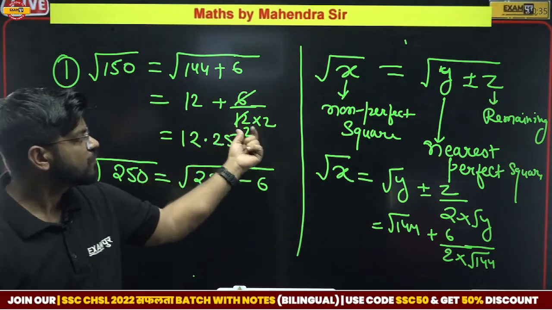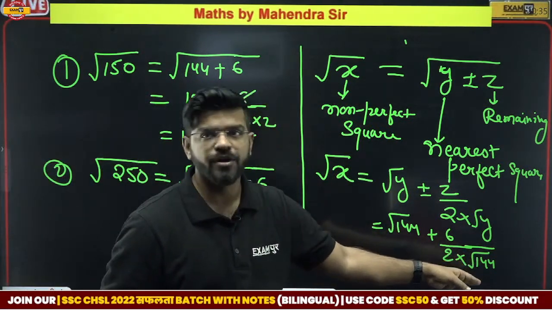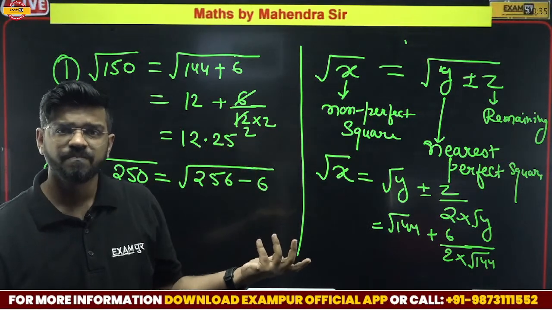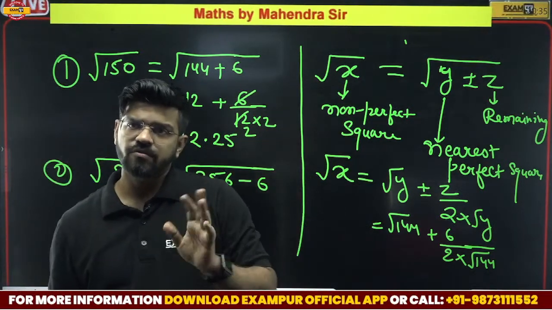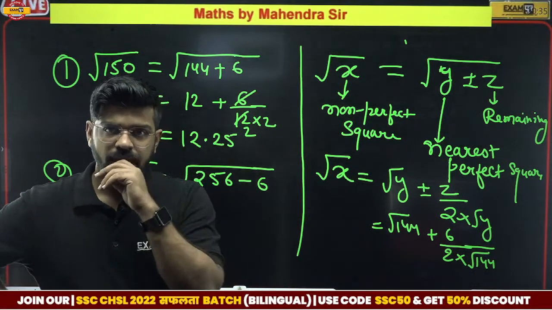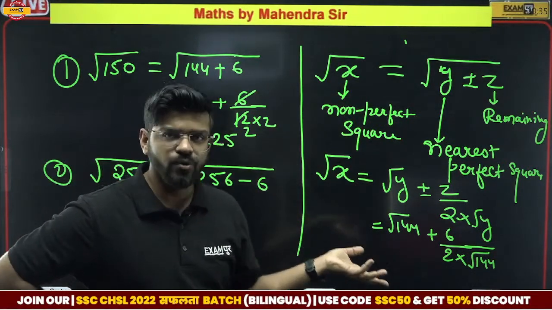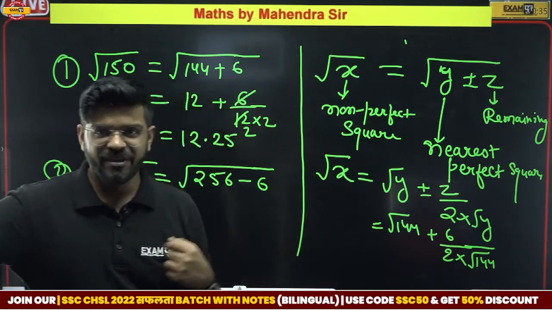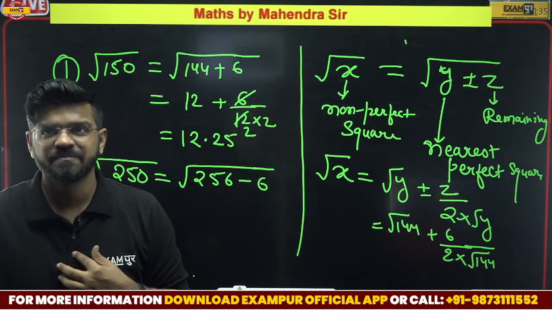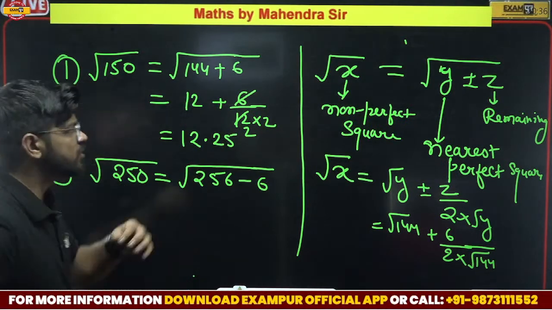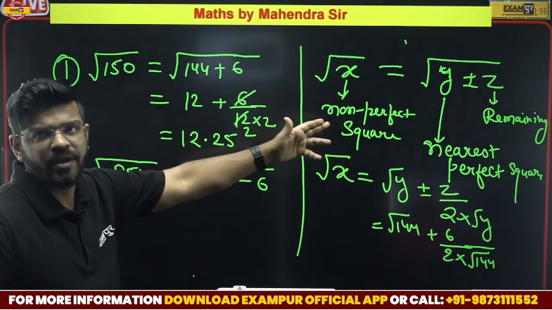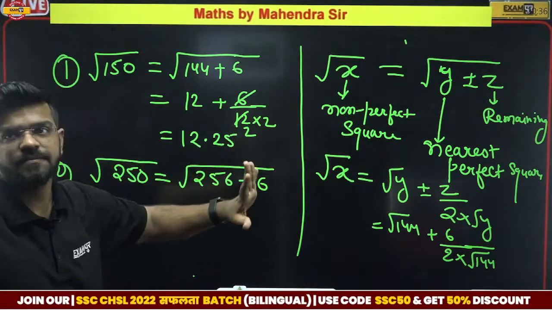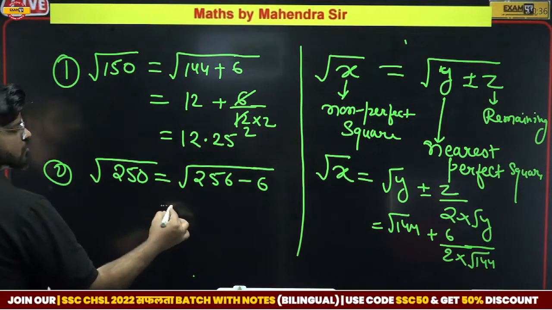Again, here you will get 2 into 12. 3 fours are 12 or 4 threes are 12. So either you write 2 into under root 144, or 2 into 12, or 12 into 2. Both are the same, right? You just have to multiply 2 by this number, nothing else.